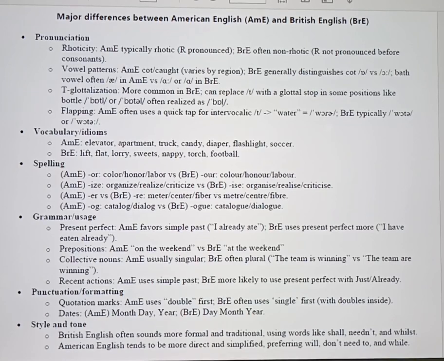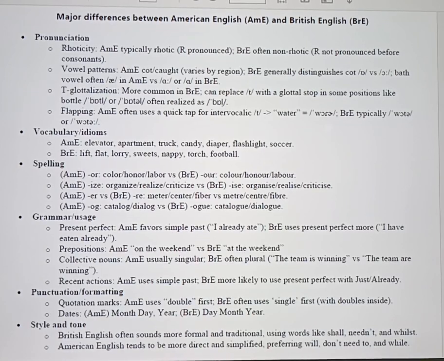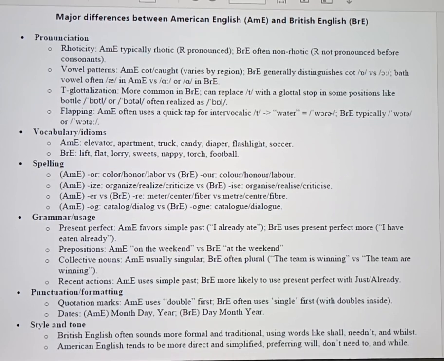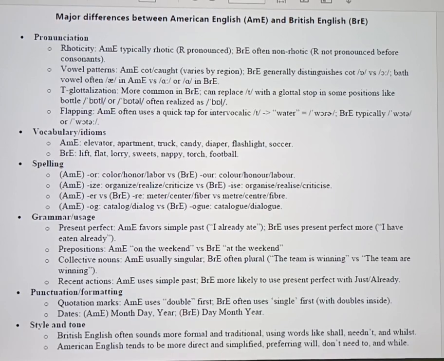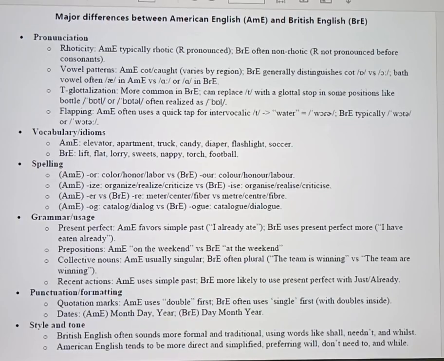I divided all the differences between American English and British English as two different varieties. The most important, or the most frequently followed, varieties of the English language are as follows.